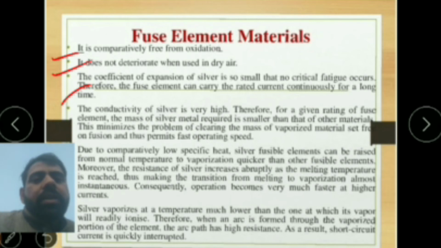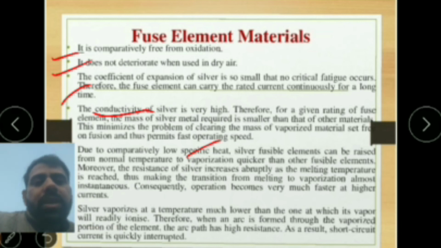As we know the conductivity of silver is very high, so for a given rating of fuse element the mass of silver metal required is smaller than that of other materials, and this minimizes the problem of clearance, the mass of vaporized material set free on fusion, which permits fast operating speed. And due to comparatively low specific heat, silver fusible elements can be raised from normal temperature to vaporization more quickly than other fusible materials.